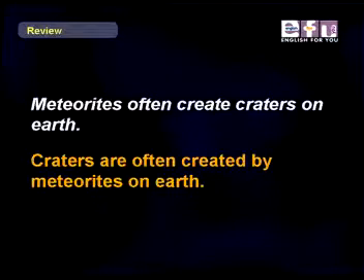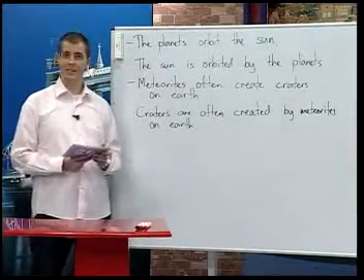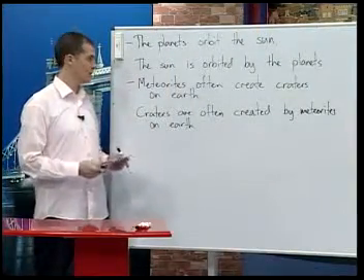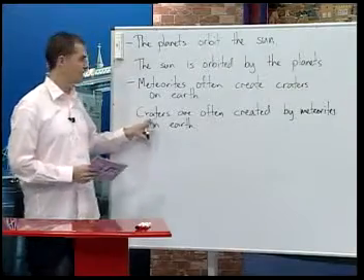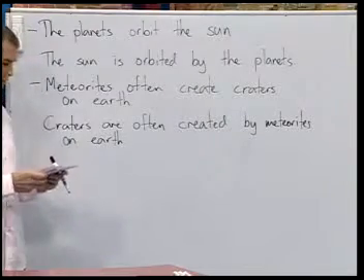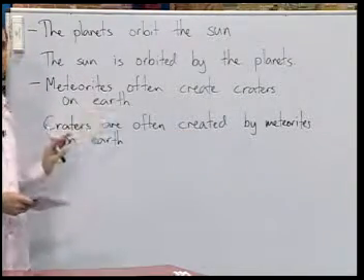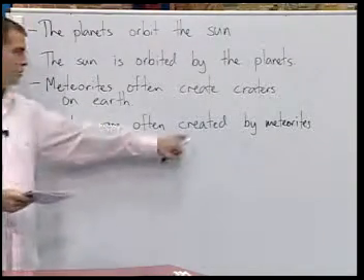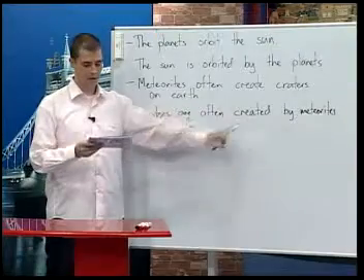Craters are often created by meteorites on Earth. Be careful. This is crater. This is created. They are completely different. You remember crater? And this is create. It's like make, to make.